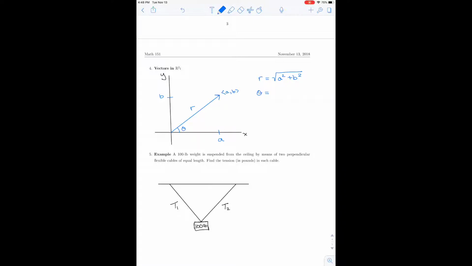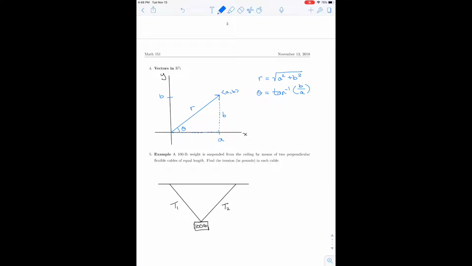Theta, on the other hand, should be the arctangent of the opposite coordinate, which in this case is the distance b, over the adjacent distance, which is the distance a. And so this gives us a way to describe vectors in the plane, because as a distance from the origin, or a length of the vector, and an angle that gives you the direction of that vector.